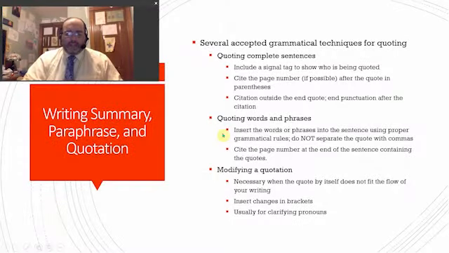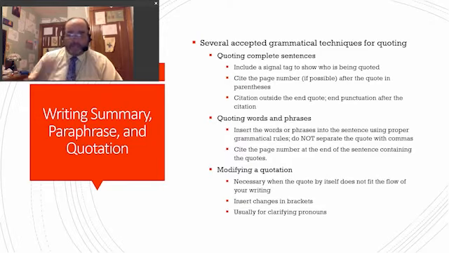Okay. And let's talk about quoting now. Okay. There are several accepted grammatical techniques for quoting. Okay. One of them is to include a signal tag to show who is being quoted. This is when you're quoting complete sentences, by the way. Okay.